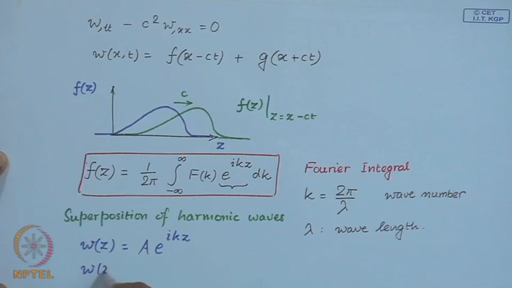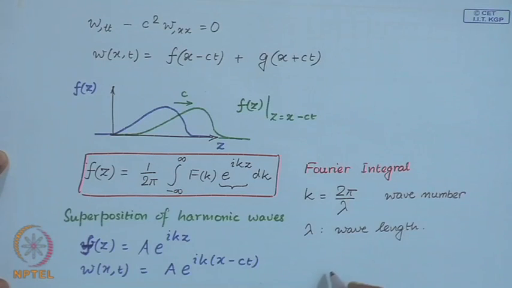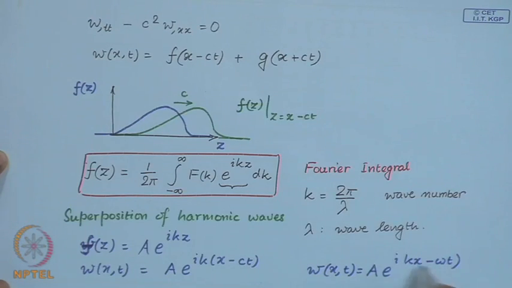So, this I will call f. We will actually represent this as a function of kx minus omega t, where omega is the frequency.